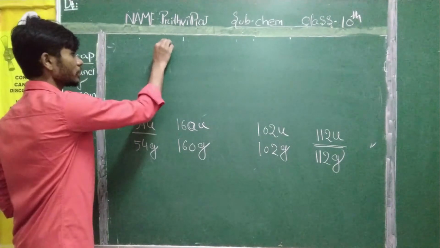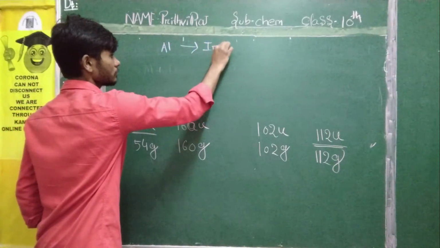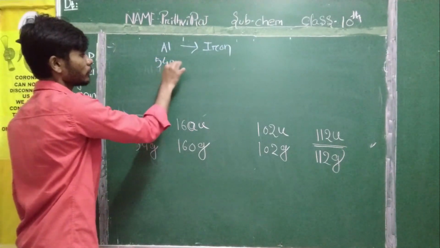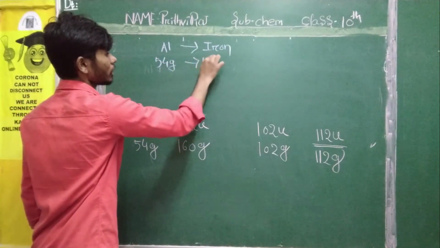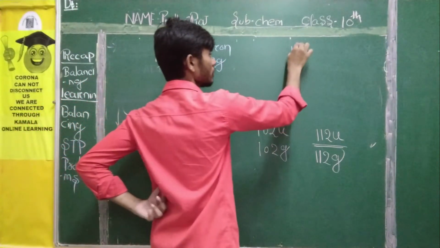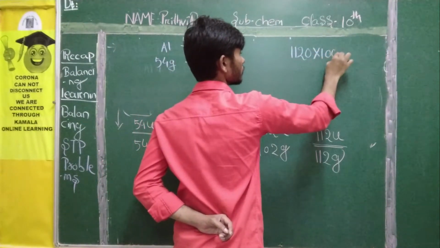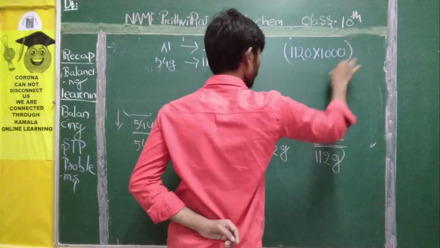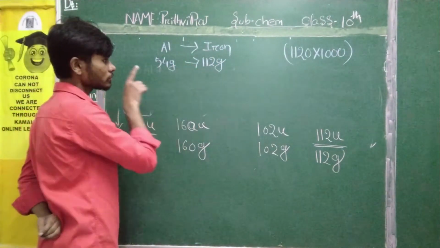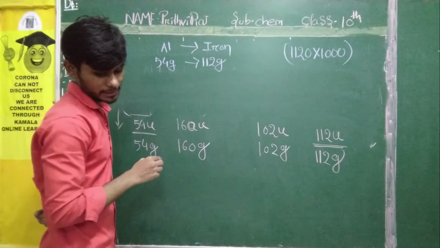Students, here we are discussing aluminium and iron. Here 54 gram of aluminium will give you 112 gram of iron. How much do you need? 1120 into 1000 grams. If 54 grams gives you 112 gram, then X gram will give you how much?